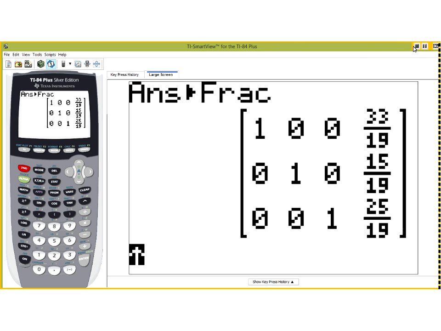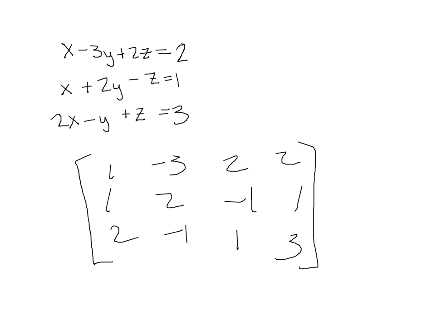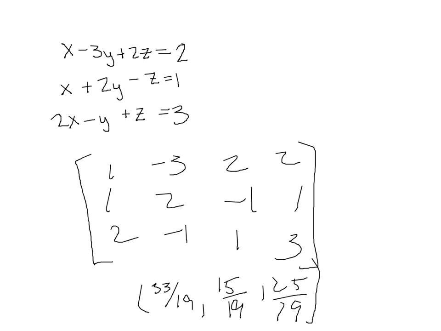So when I go back, here, I can go straight to the answer. 3, 3, 15, 25. And there's my answer. That's the last one for this section.